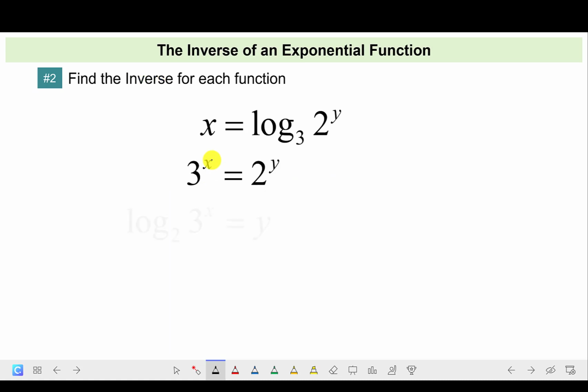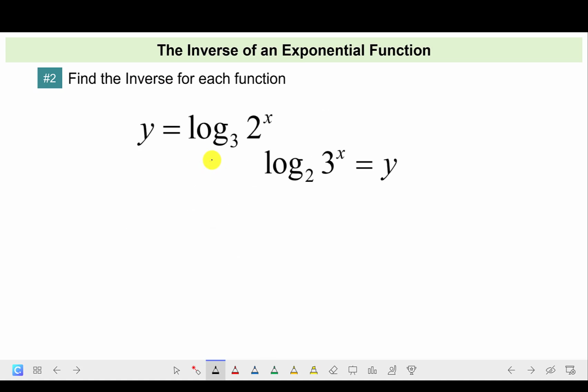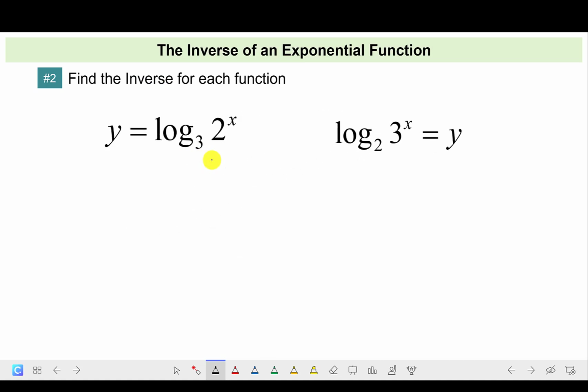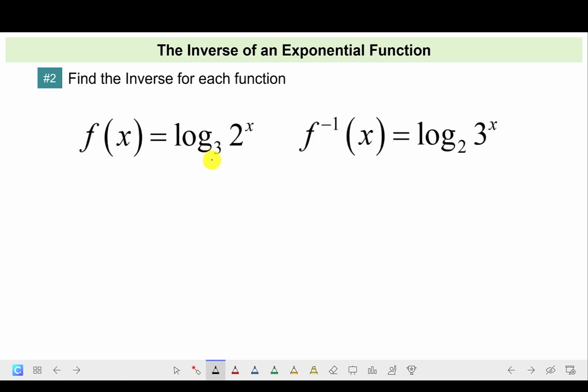There's something I think is kind of interesting here when we have these two that are inverses of each other. Look at that. Look what's happening here. We're just switching those. Cool. I don't know if that'll help you, because you'll probably end up doing it without that little shortcut, but it's there.